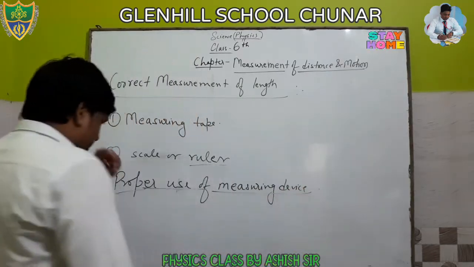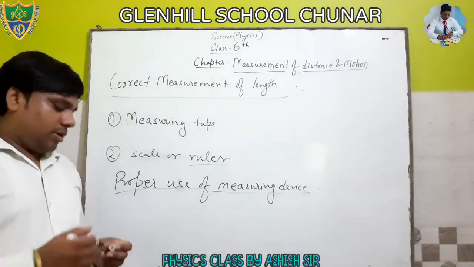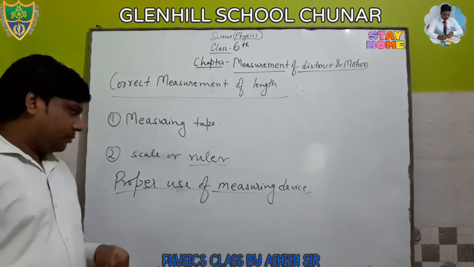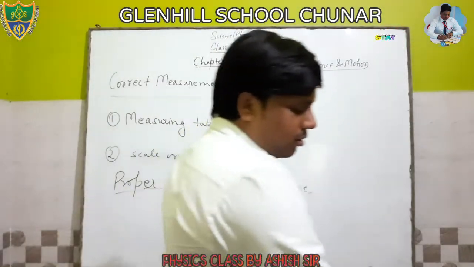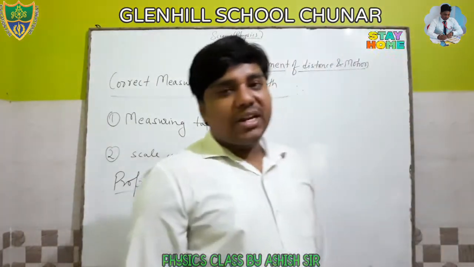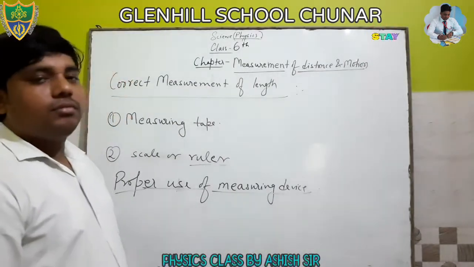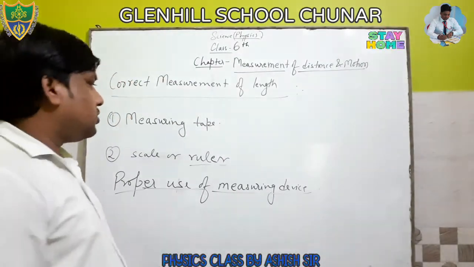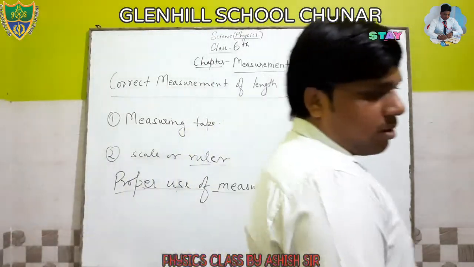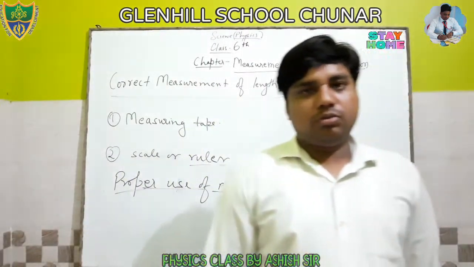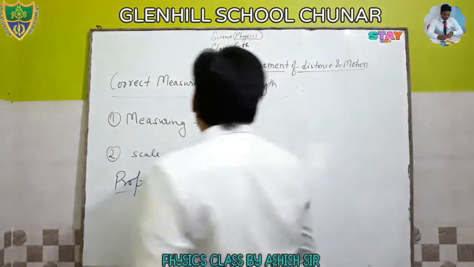Proper use of a measuring device means, simply, when you are using a scale or meter scale for finding the length of any straight line, then you always put the zero of the scale on it. Do you know the zero of a scale?